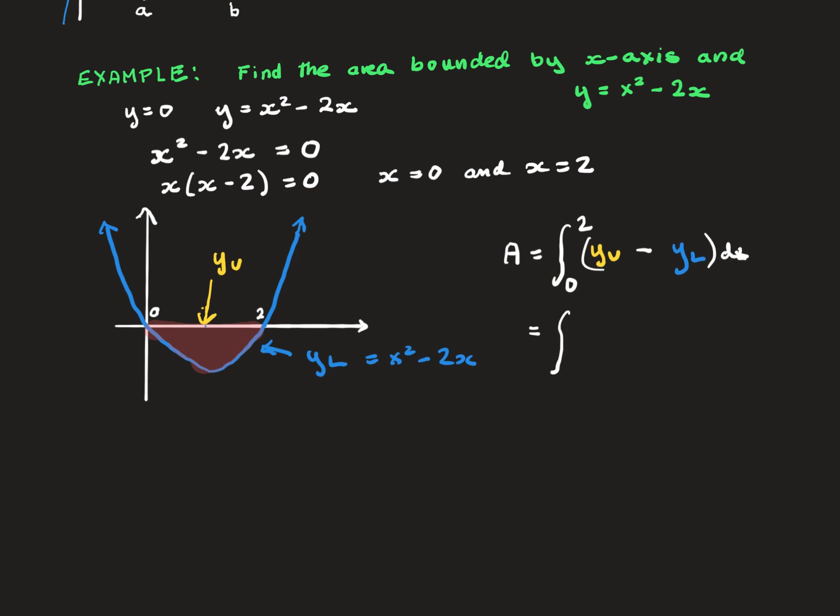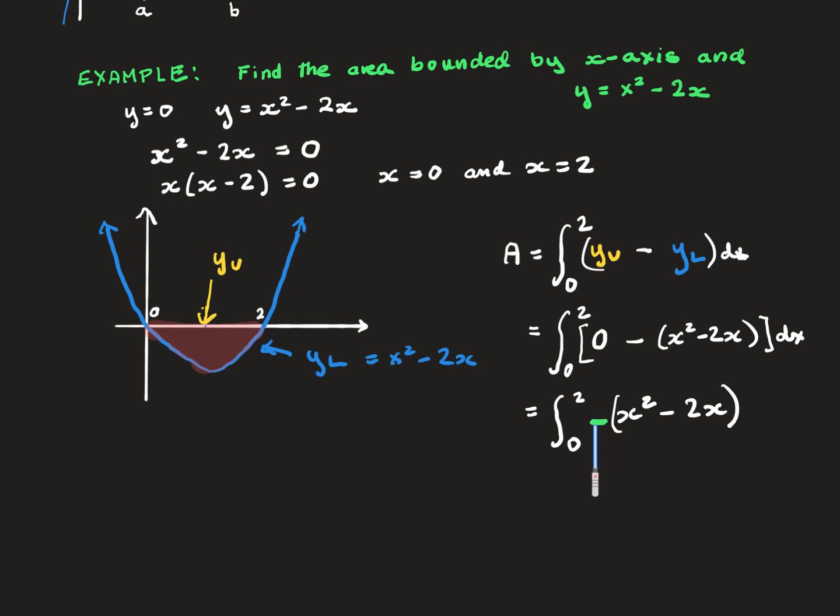The upper function is 0, so we will just put 0 down there. And the lower function is x squared minus 2x. And that whole thing can be integrated with respect to dx. Just to simplify it, we don't need that 0 anymore, so let's just take it away, and we'll find that we've got minus (x squared minus 2x).